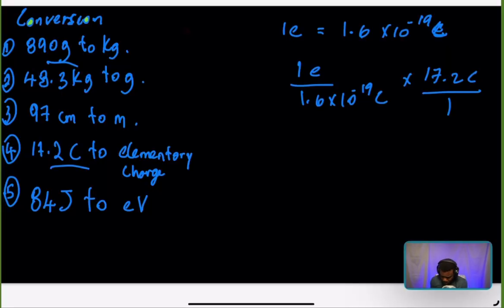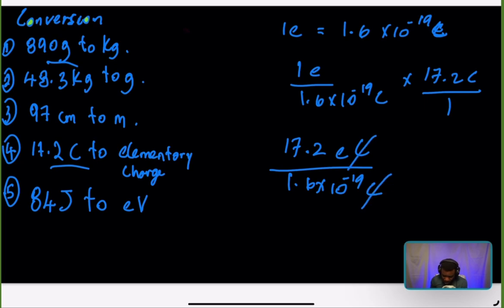Okay? Now we'll multiply numerator by numerator, and what I'm going to get is 17.2 elementary charge coulomb, divided by 1.6 times 10 to the negative 19 coulomb. Coulomb will cancel coulomb.